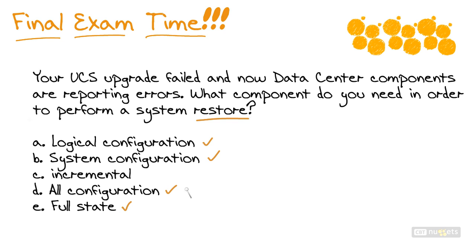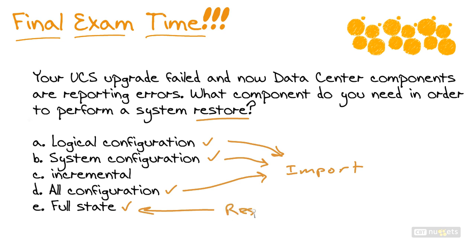Well, remember, on these configuration XML files, we are actually doing what's called an import. There is only one that we do a restore of, and that is our answer, full state. Remember, we go to our Fabric Interconnect, erase our UCS configuration, and do a restore of this full state file.